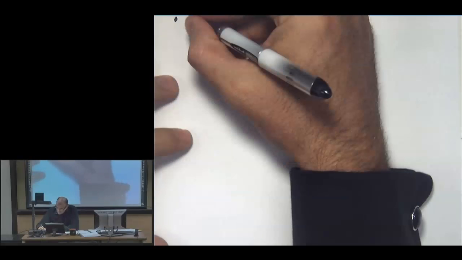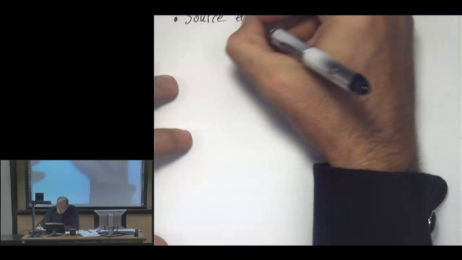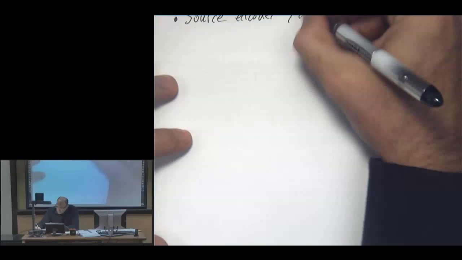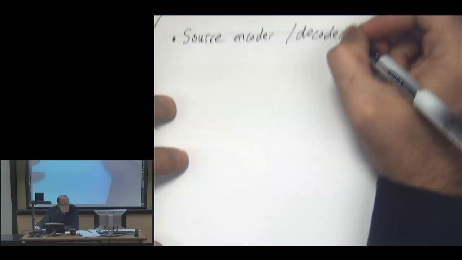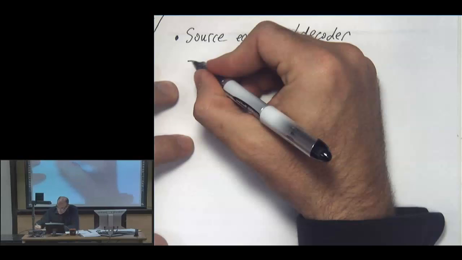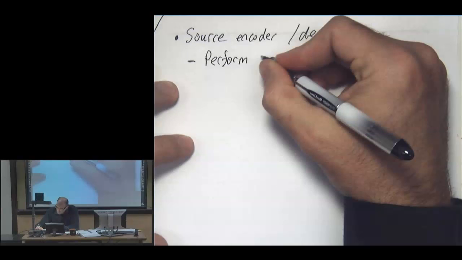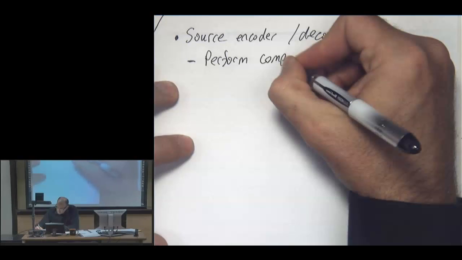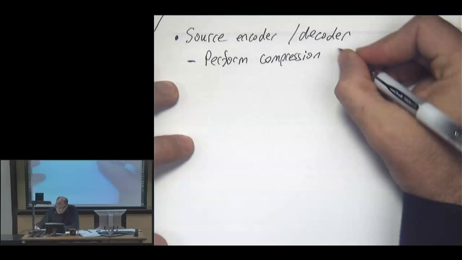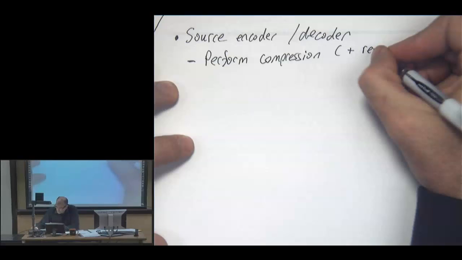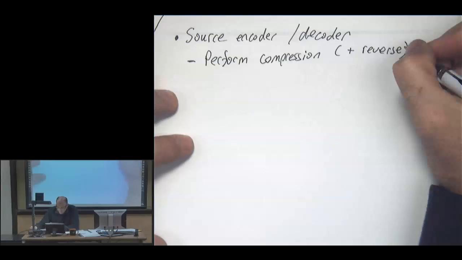So the source encoder and decoder, these blocks here, their main purpose is to perform compression on the encoder side, and then to reverse that operation on the decoder side.